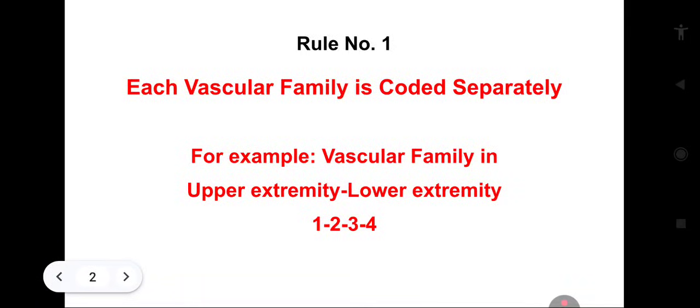So when you code it, you have to code it separately, whether in the upper extremity or lower extremity. There are different vascular families. If you see the vascular family chart, you will come to know there are so many arteries in those families. So each vascular family we have to code separately as per the documentation in the medical report.